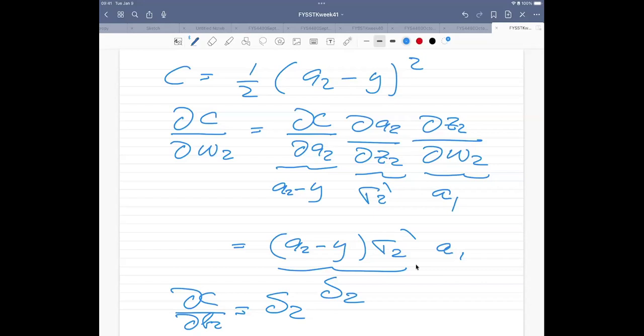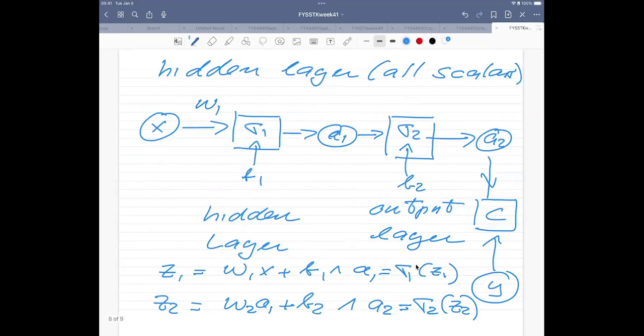So what we did before the break was to look at a problem where we have one hidden layer. And in this lecture, we're actually going to derive the general backpropagation algorithm. But I wanted to exemplify that with a simpler case where we only have scalars as inputs.